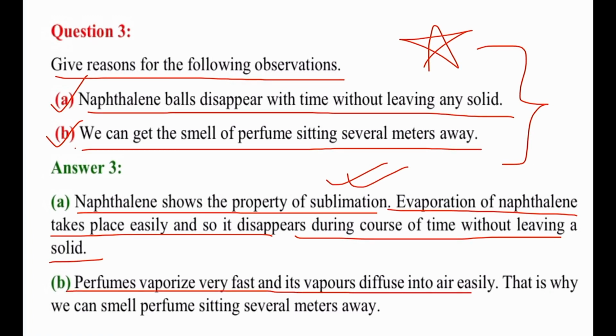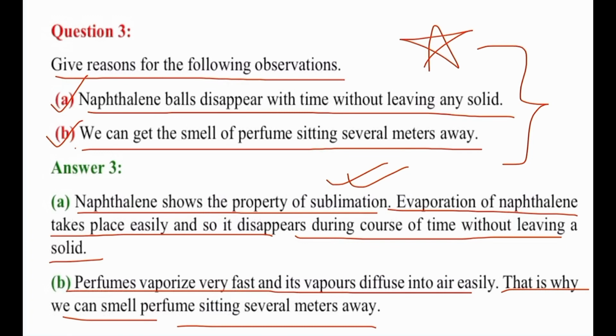Perfumes vaporize very fast and their vapors diffuse into the air easily, and that is why we can smell perfume sitting several meters away. So how are we able to get the smell of a perfume even when we are sitting several meters away? For this, the concept of gases must be very clear to you. Gases have large spaces between them and they are always in random motion.